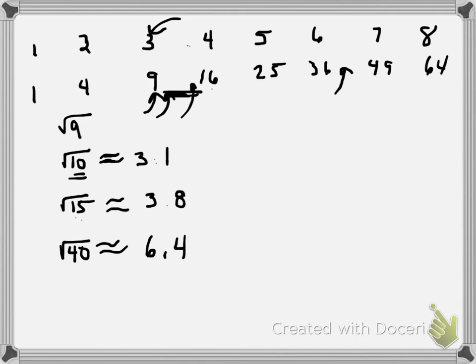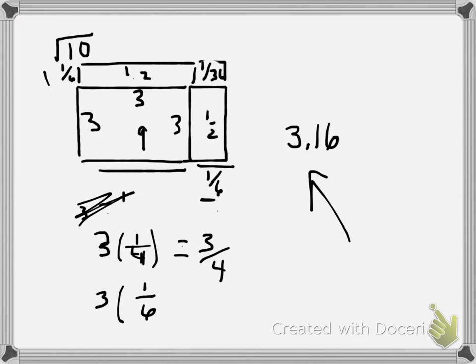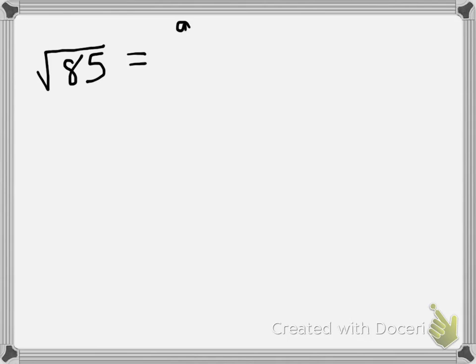Let's say we want to figure out the square root of 85. What's your best guess? Well, my next numbers would be 9, which is 81, and 10, which is 100. So my best guess is it's going to be a little bit bigger than 9, but I'm just going to start with 9. So 9 over 2 plus 85 over 2 times 9.